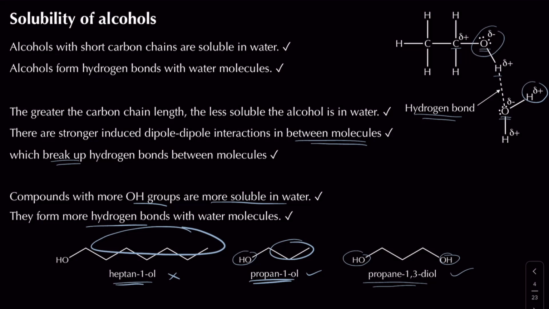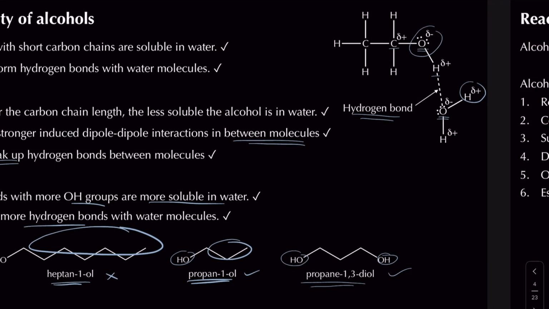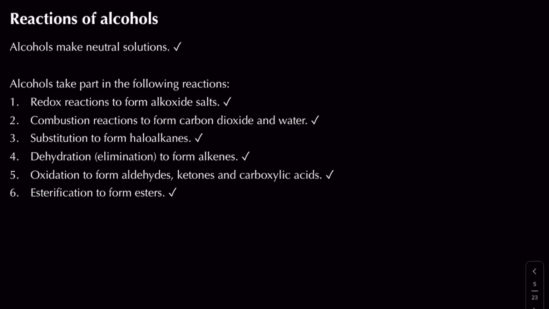Now, moving on, if we look at the reactions of alcohols, there's a bunch that you need to be aware of. A lot of them you'll deal with in module 4, but some of them you'll deal with in module 6. The first one is that they can react in redox reactions to form alkoxide salts. The second one, which we're covering in this video, is combustion reactions to form carbon dioxide and water.